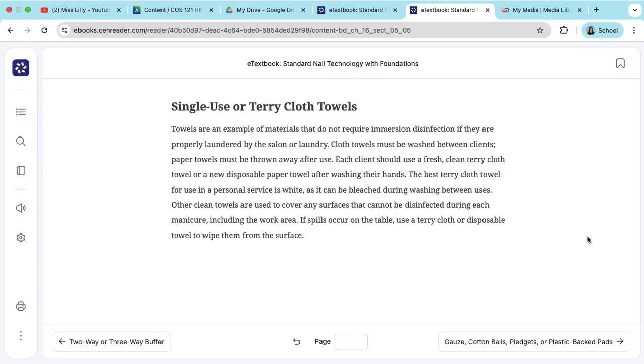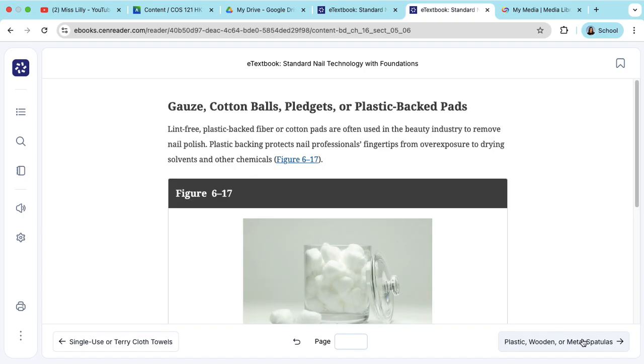Single-use or terry cloth towels. Towels are an example of materials that do not require EPA disinfection if they're properly laundered. So we need to wash them after each client. Gauze, cotton balls, and plush pads are often used for removing nail polish.